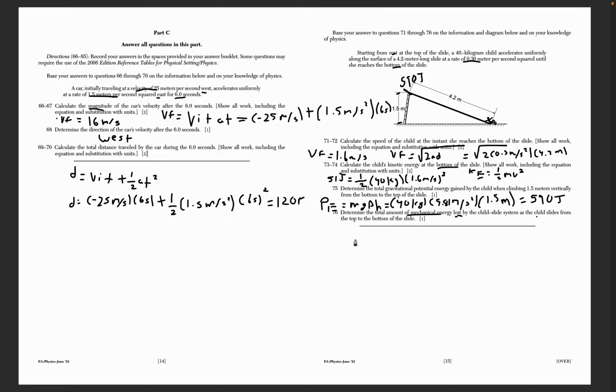So you would just do potential energy minus kinetic.